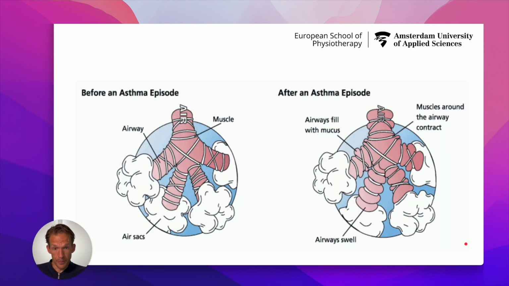In a graph or in a picture here, you can see how the smooth muscle tissue is relatively relaxed here on the left-hand side, but if for whatever reason the smooth muscle tissue is activated, it will really cause a constriction of the airways, which will reduce the diameter and increase the resistance.